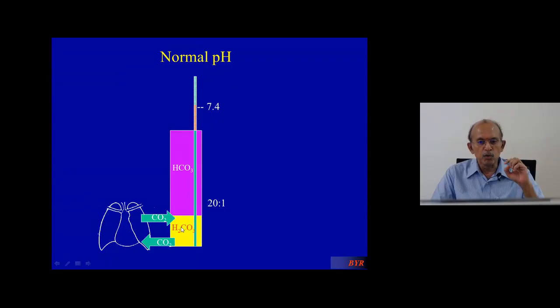Similarly, if the patient is hyperventilating, more carbon dioxide is expelled, so there will be a reduction in the carbonic acid level in the blood. So the carbonic acid level is influenced by the lung mechanism, either hyperventilation or underventilation.